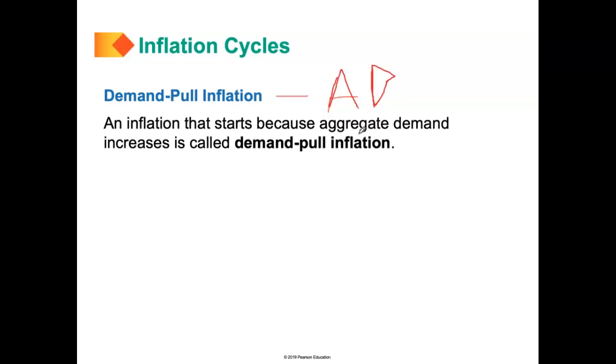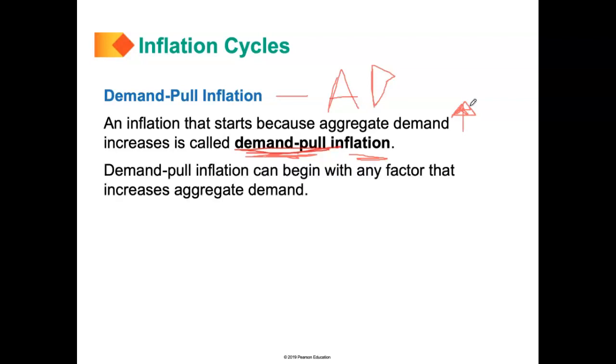Any factor that increases aggregate demand will eventually increase the price level and will lead to what we call demand pull inflation. So again, demand pull inflation is an increase in the price level that comes about due to an increase in aggregate demand.